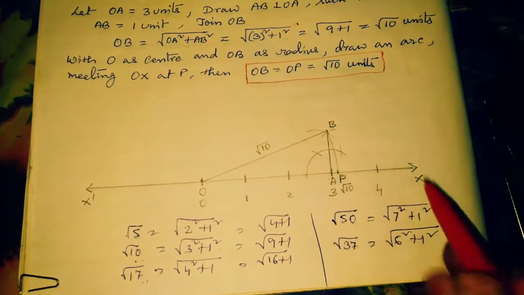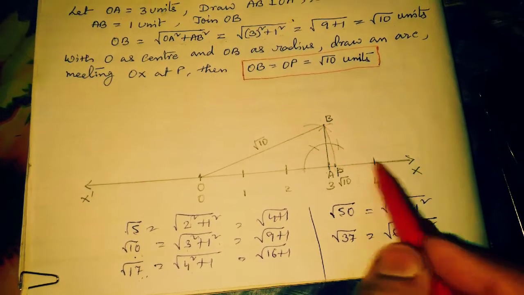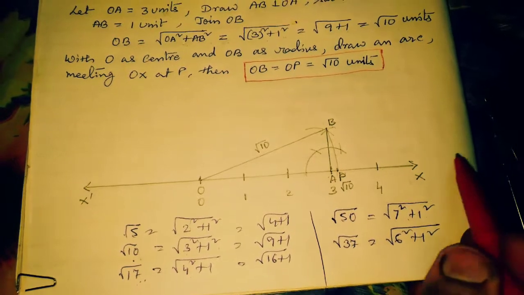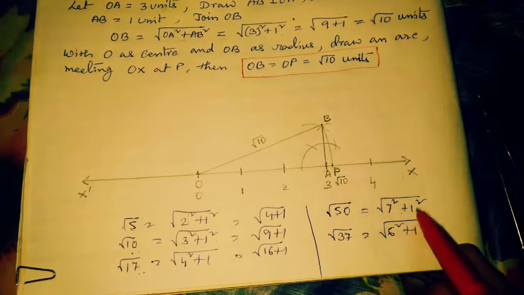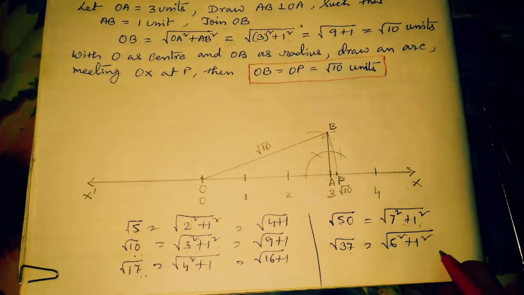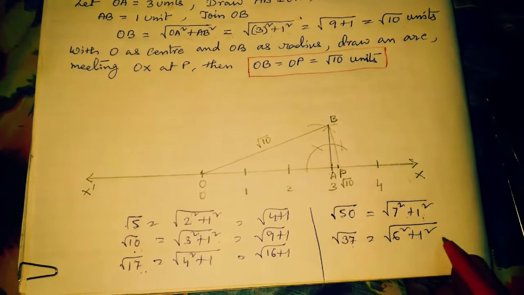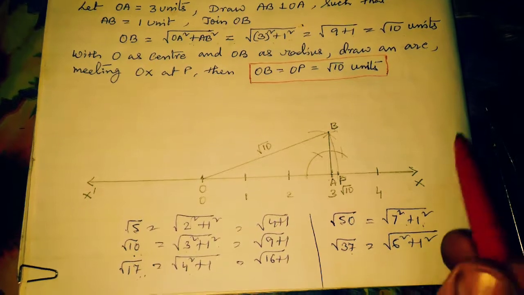If it is given root 50, that means we take 7 units on the x-axis, extend the line, and draw a perpendicular of 1 unit, and then draw accordingly. We'll get root 50 also, and 37 is also like that only, under root 6 square plus 1 square. So we will take 6 units on the x-axis and 1 unit on the perpendicular.